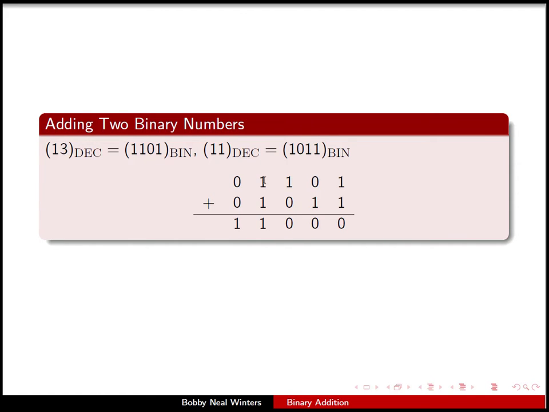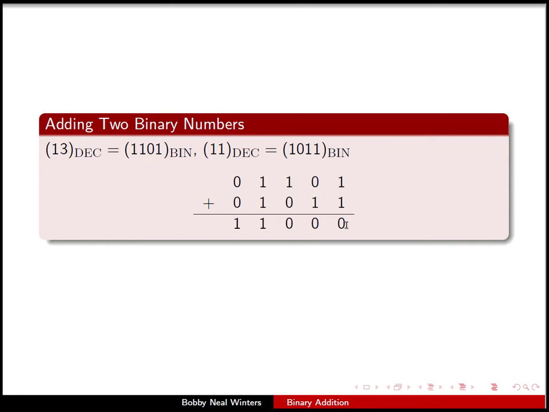Now I have 1 plus 1, that's 2, so I carry a 1, and so I take then 0 plus 1 is 1, and so I add the 1 that I carried before. 1 plus 0 is equal to 1.